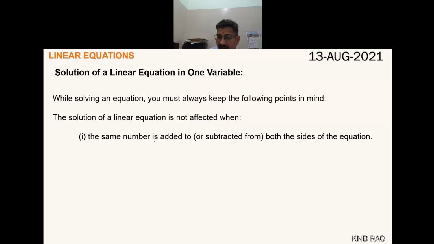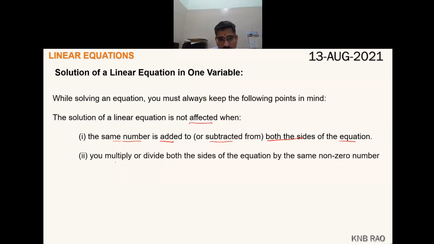When we add or subtract on both sides of the equation, it doesn't affect it at all. Second point, when we multiply or divide on both sides by the same non-zero number, the equation doesn't change.